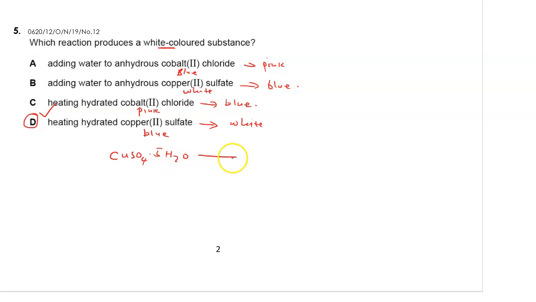When you heat it, you get copper sulfate plus water. Now this compound here is blue and this compound here is a white powder. So you have gotten your white colored substance by heating hydrated copper 2 sulfate. You get anhydrous copper 2 sulfate.